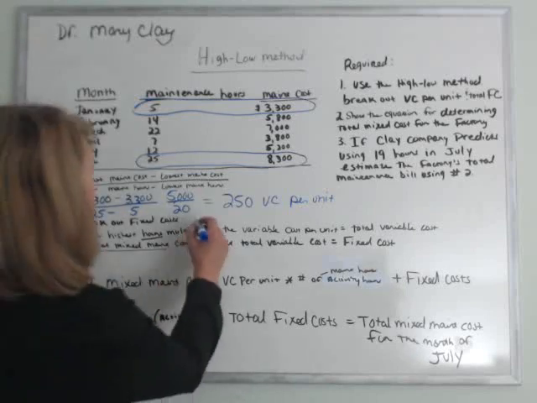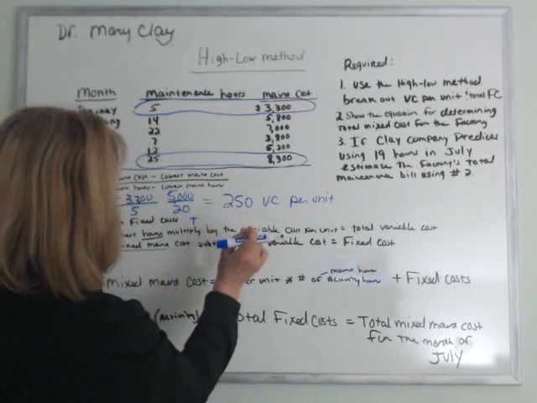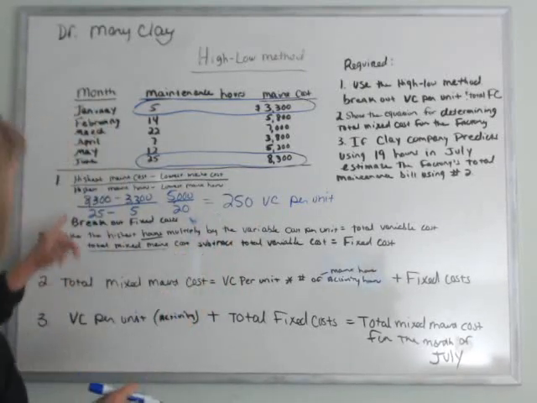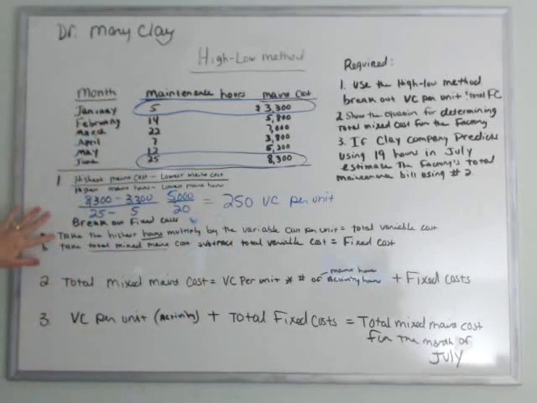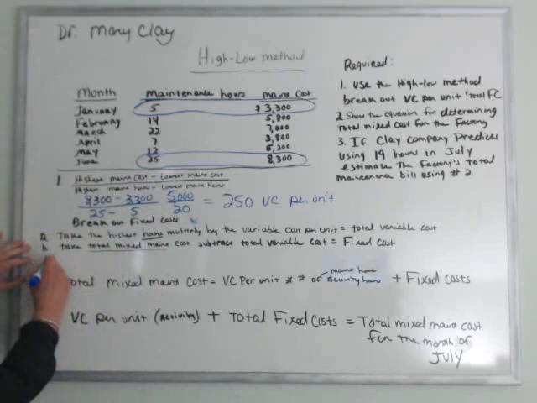So total costs, okay? I did an A and B. Take the highest hours and multiply by the variable costs per unit. The highest hours are 25. So watch with me. I'm going to do A right here.